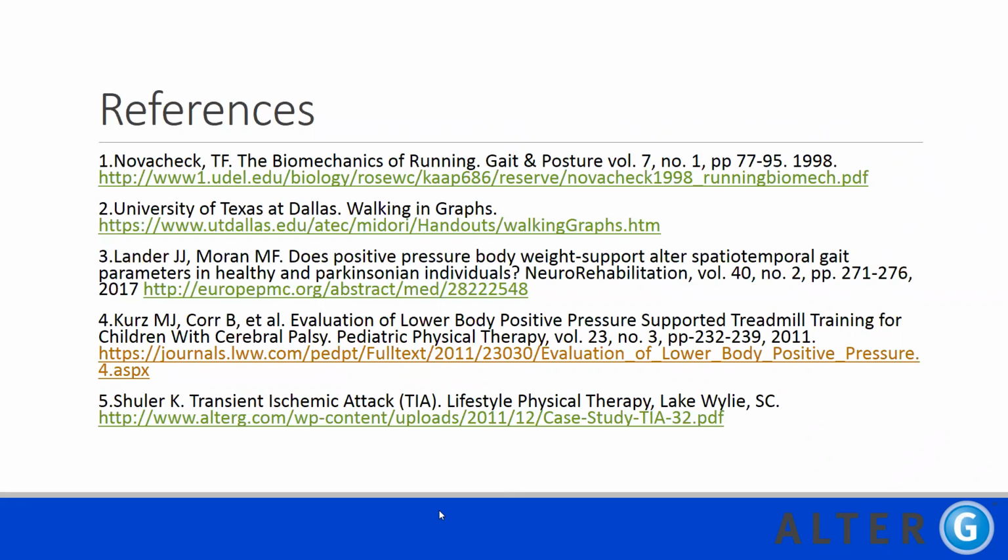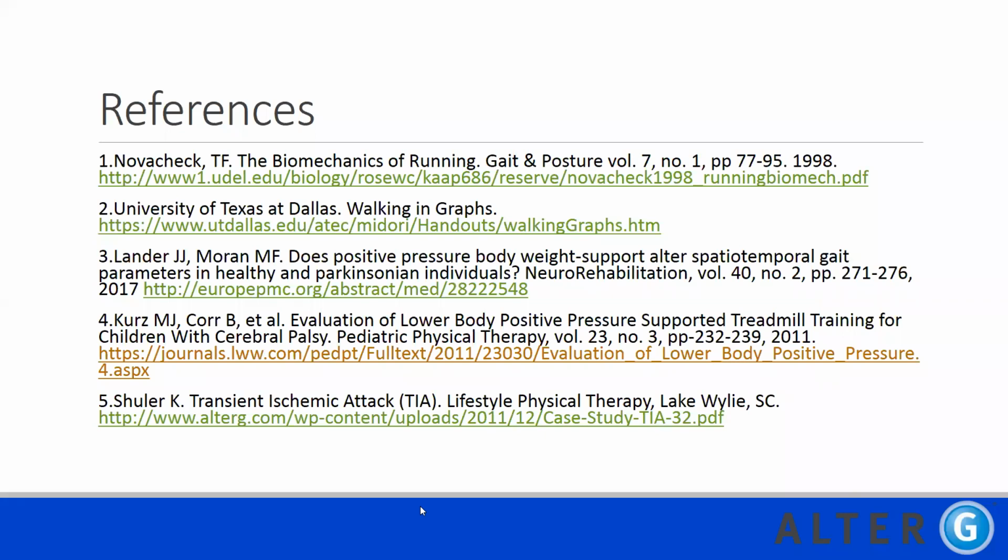And if you have the VMS as well, you will have a sagittal view and a posterior view available to the patient, again in real time. Those are the two ways you can get that feedback, especially for Parkinson's patients, but with anyone who has a neurological disorder. Great, thank you very much.